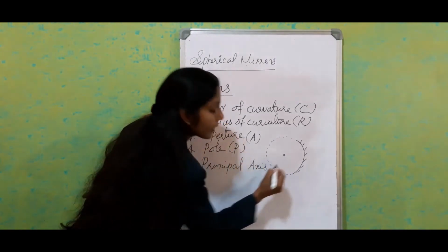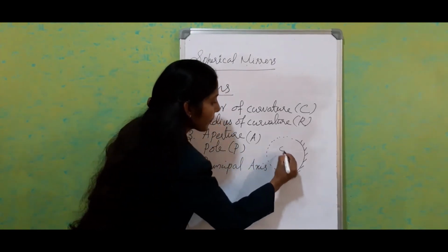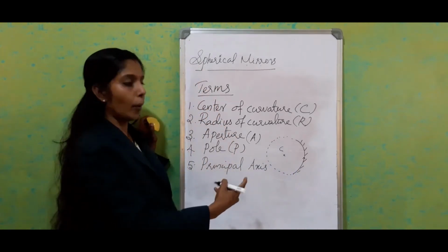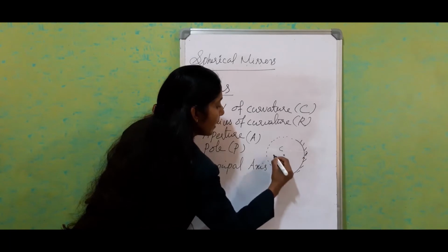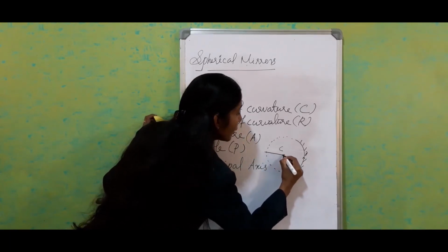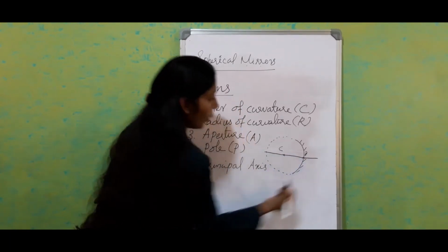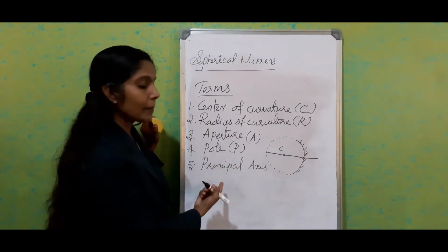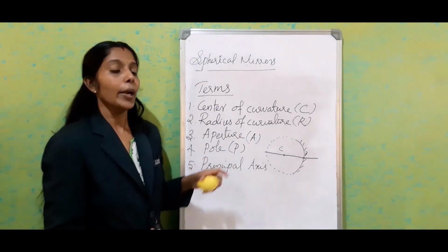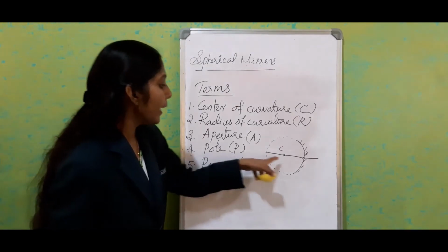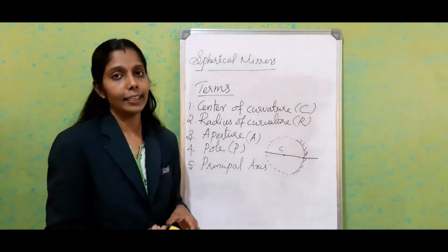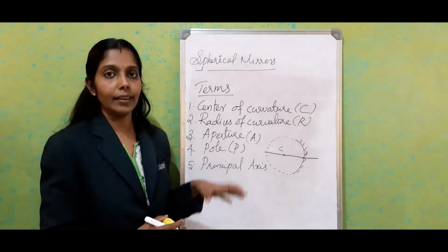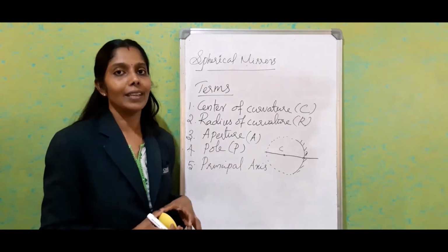Mark the center of curvature here as C. For this reflecting surface, we have the center, that is our pole, P. The line which passes through the center of curvature and the pole is the principal axis. So these are the main terms we have to consider in the case of spherical mirrors.